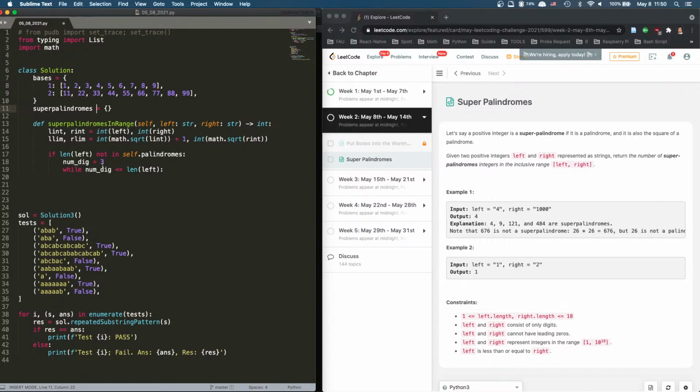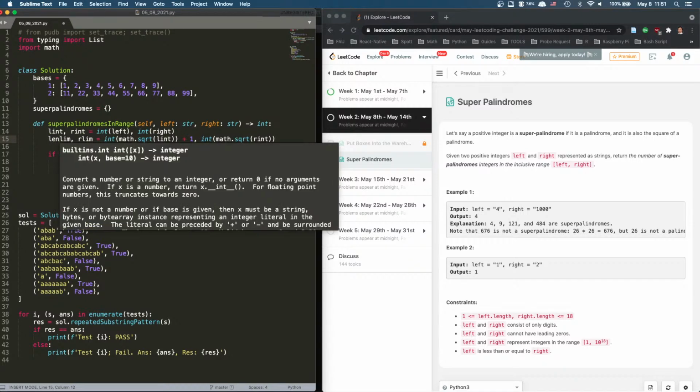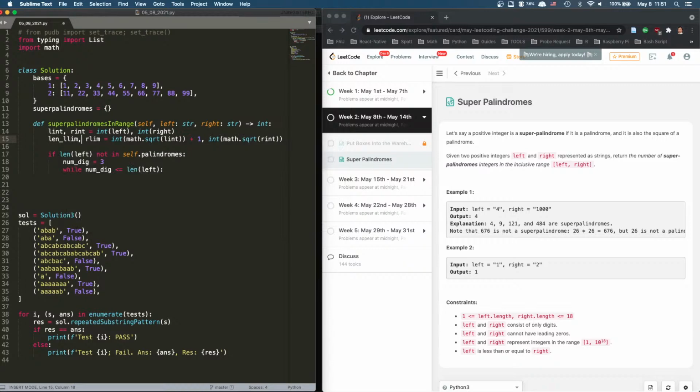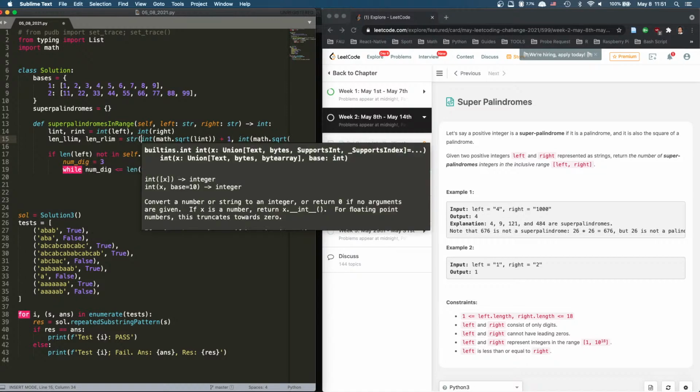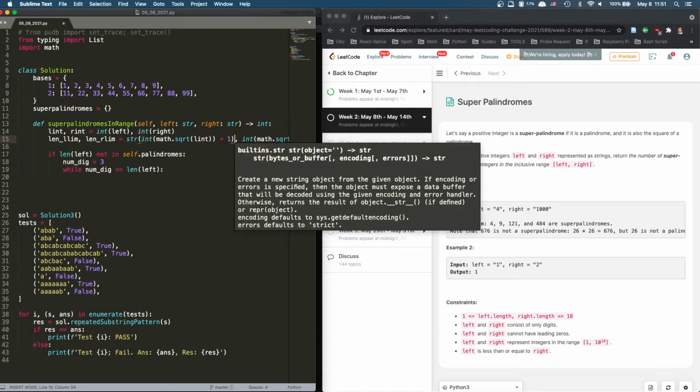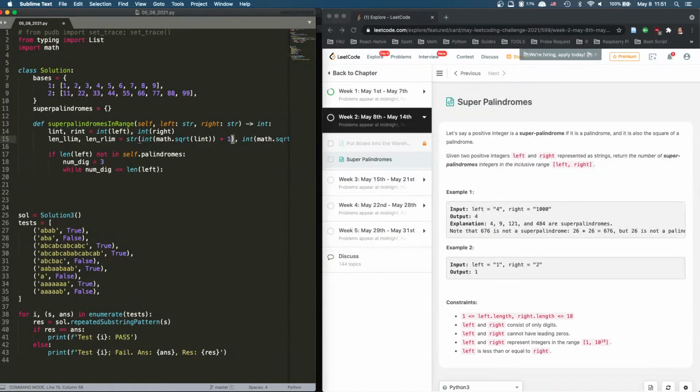Okay, that's a thought. So in this case, we have the left limit, right? Max str int plus 1 and len, and the len of the right limit. So we're going to turn it into str, and after we turn it into str, we're also going to do len.